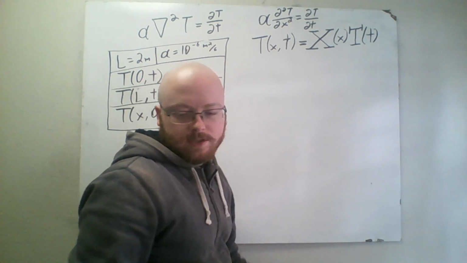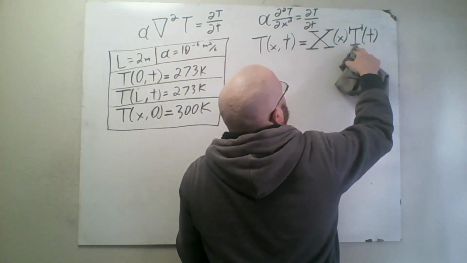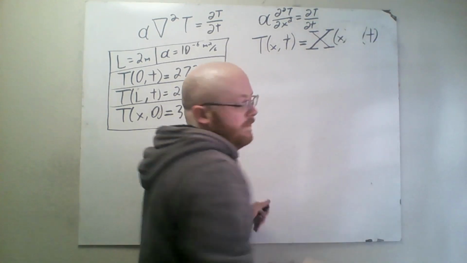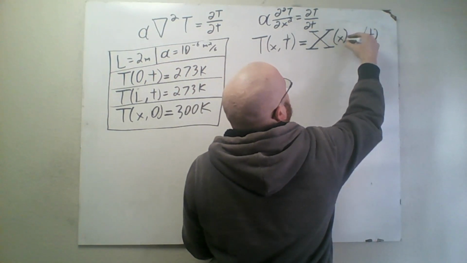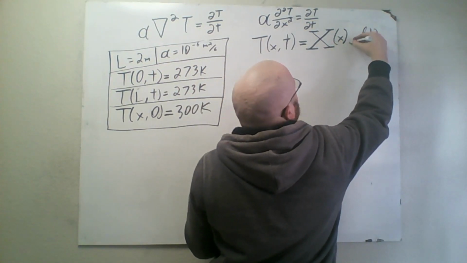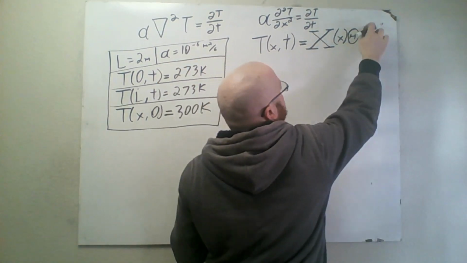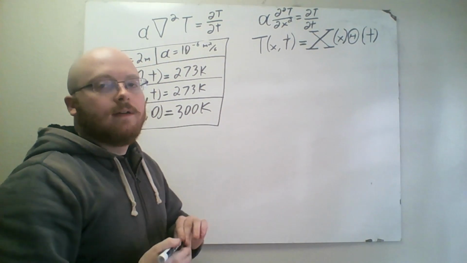I think I'll do that for temperature at least. So I'll use a theta, which is kind of like a Greek T, and we'll use capital theta. Anyway, that's my idea.